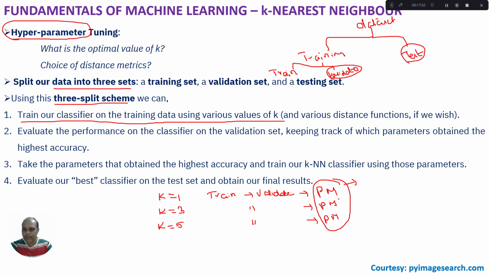For example, if k equal to 3 has given me higher performance metrics, then I should select k equal to 3 and redo the training process. Once my training is complete, I expose the trained model to the test data.